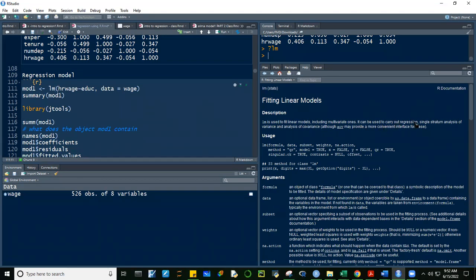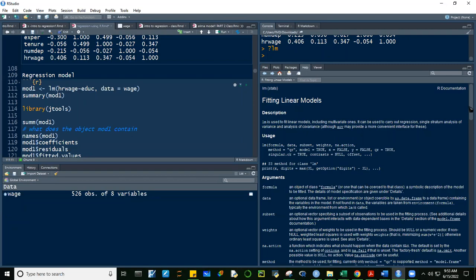It can be used to carry out regression, single stratum analysis of variance, and analysis of covariance, although AOV, analysis of variance, may provide a more convenient interface for this.